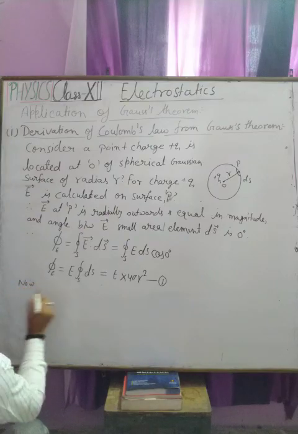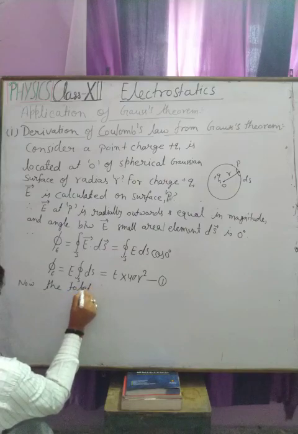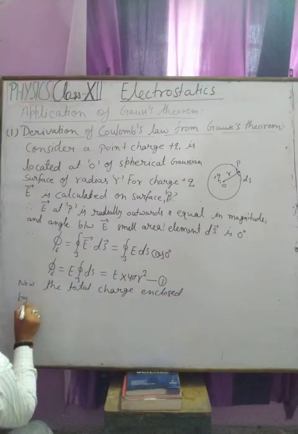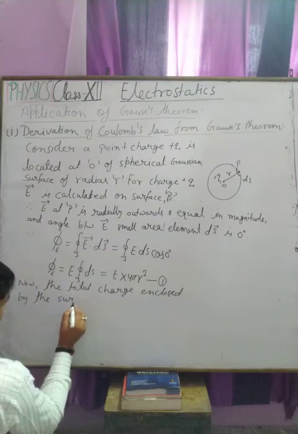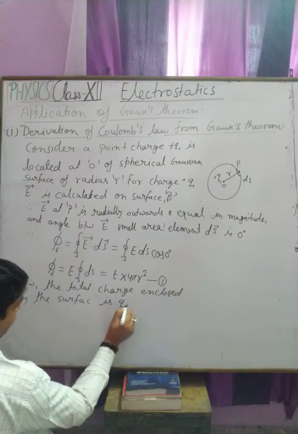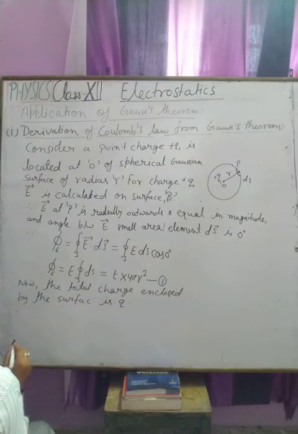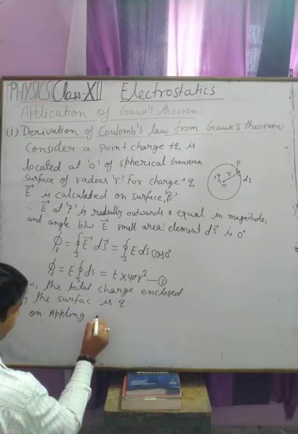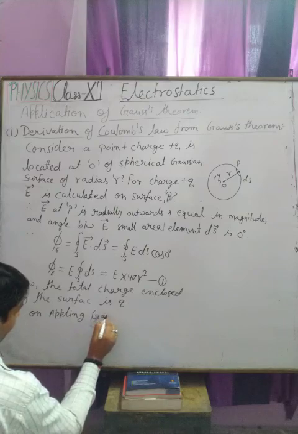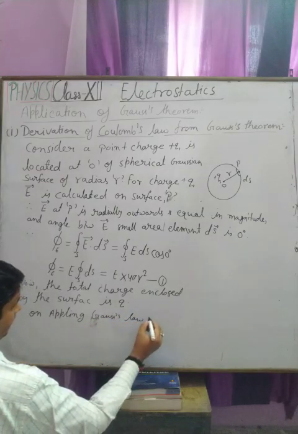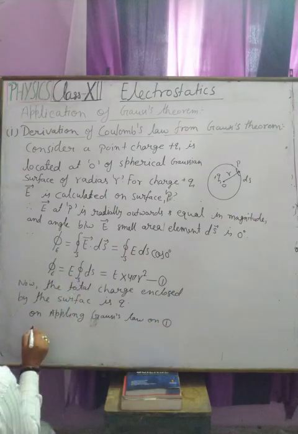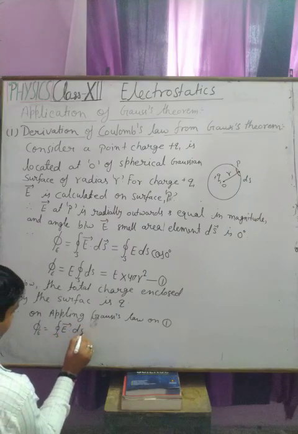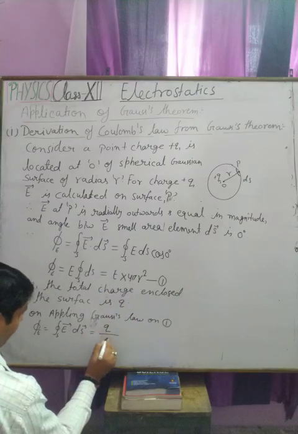The total charge enclosed by the surface is Q. Therefore, on applying Gauss's law on equation first, we get phi E equal to the surface integral E dS equal to Q upon epsilon naught.